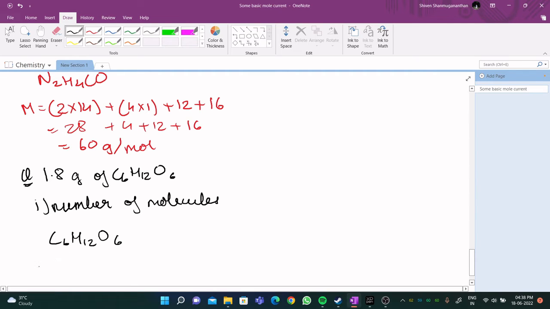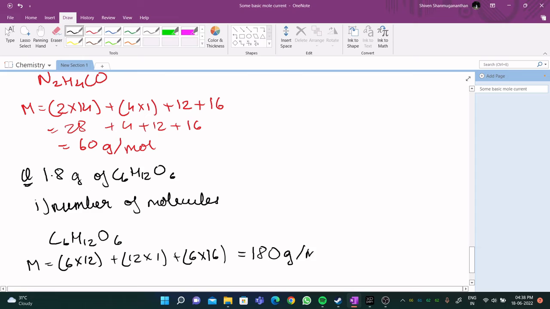We have molar mass: 6 into 12, plus 12 into 1, plus 6 into 16, we get 180 grams per mole.